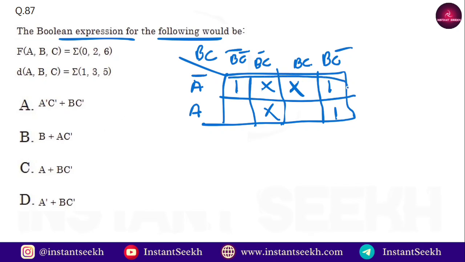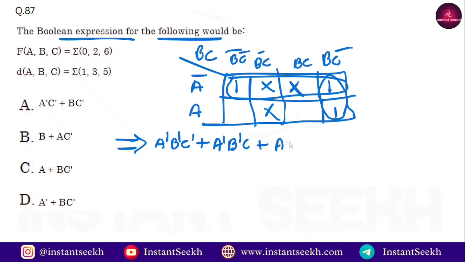First we will group the elements, so this becomes the first group and this becomes the second group, or cluster. Let's pen this down. It will be A bar B bar C bar plus A bar B bar C plus A bar B C plus A bar B C bar. This is the first group.